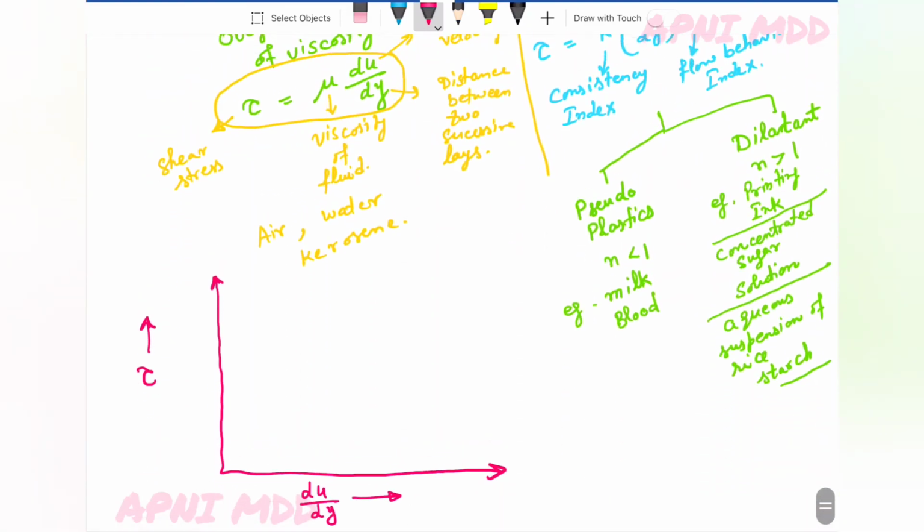So for Newtonian fluids, tau is directly proportional to du by dy. So there is a straight line relationship for Newtonian fluids.